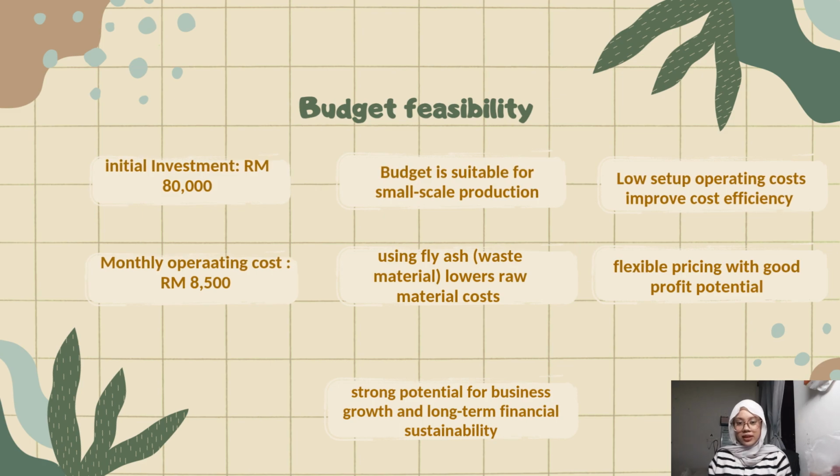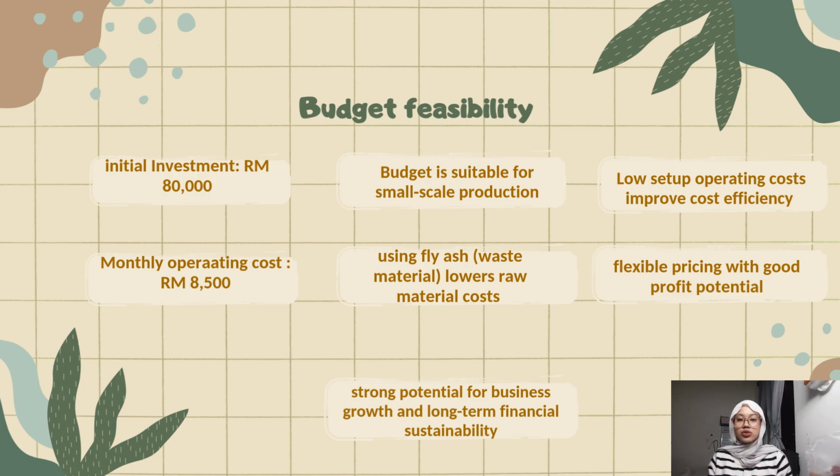Moving on to the engineering economic analysis. The project requires an initial investment of 80,000 ringgit with an estimated monthly operating cost of 8,500 ringgit. Based on these figures, the project is considered financially feasible for small scale production. One of the main advantages is the use of fly ash, which is a waste material.